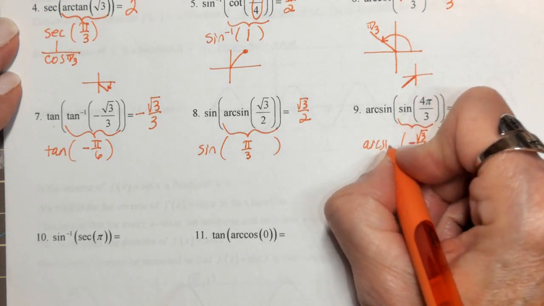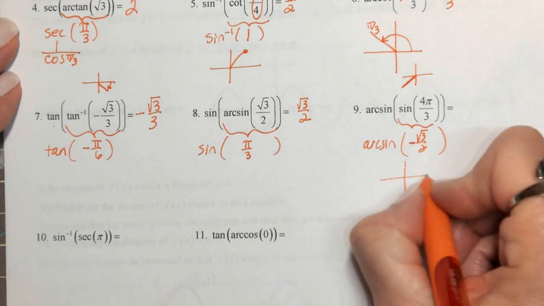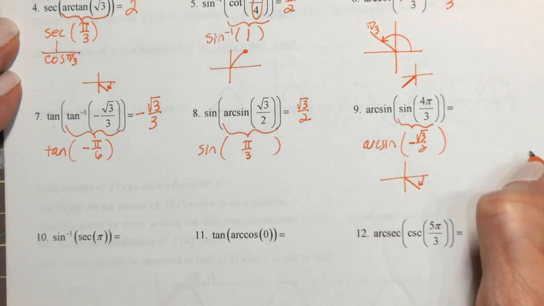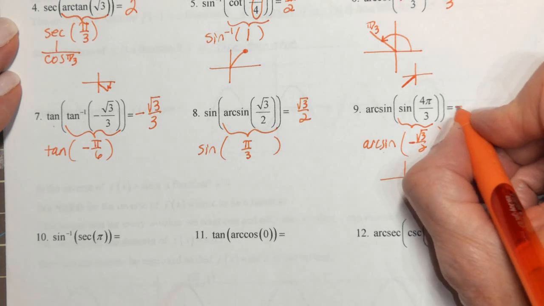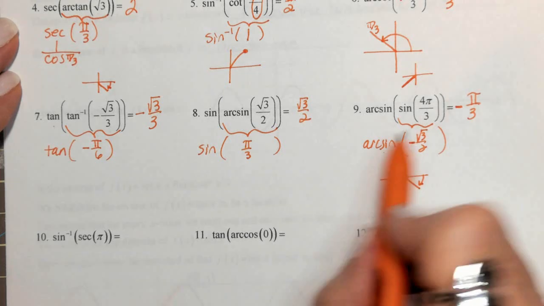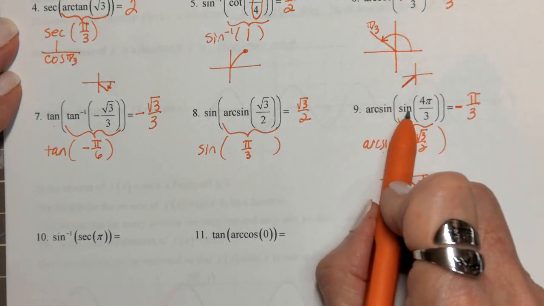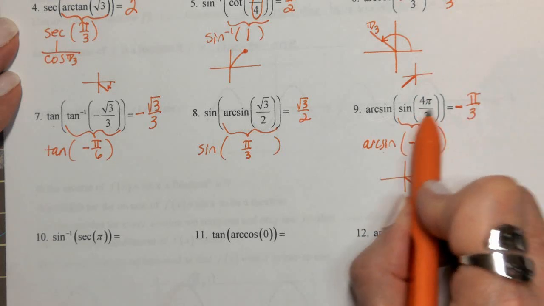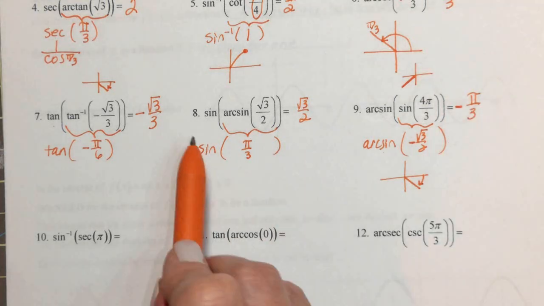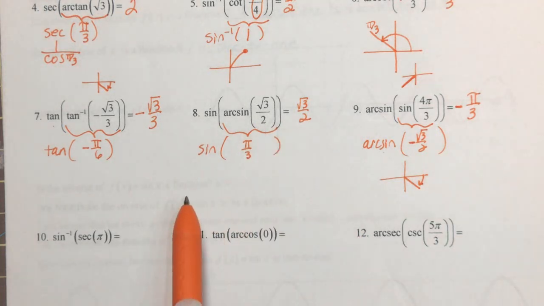And now arc sine of a negative square root of 3 over 2, now it's an arc sine, so we go backwards into quadrant 4. This is going to be a negative pi over 3. So when you have the inverse trig function outside and the regular function inside, it's not necessarily the same. It might be the same, but it might not be. But if you have your regular function first, then that will always be the same. All right?